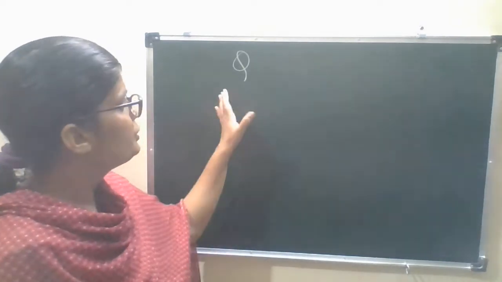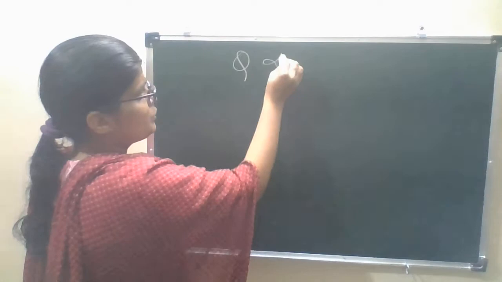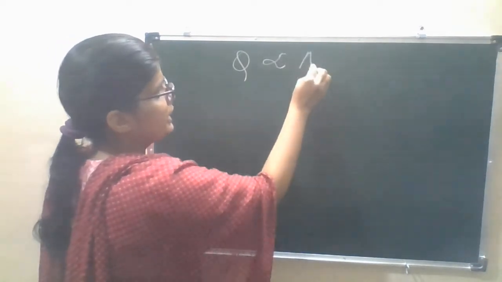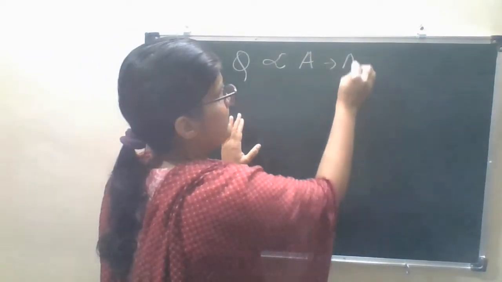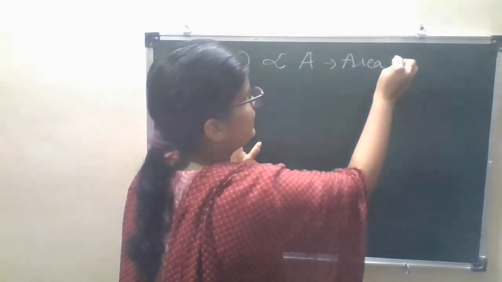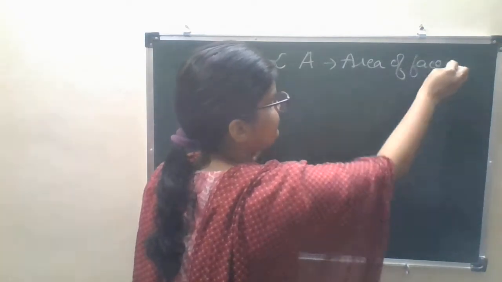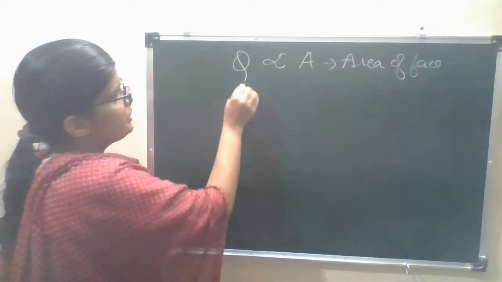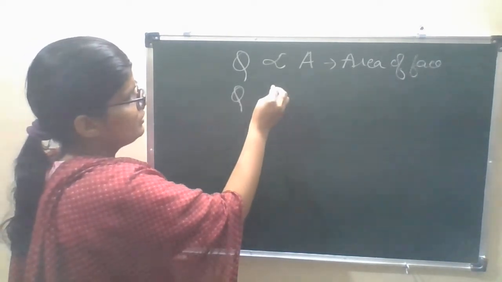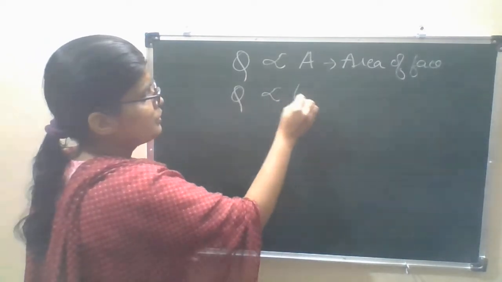So now Q is proportional to A. What is A? A is nothing but the area of the face. Okay, area of face, and Q is also proportional to t.